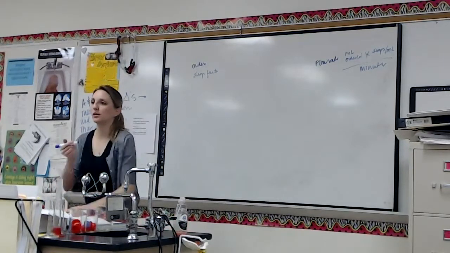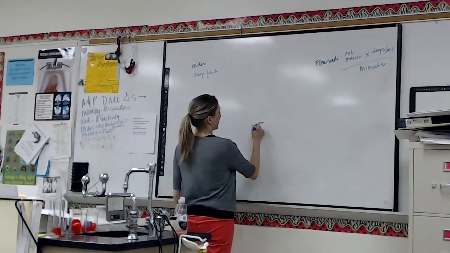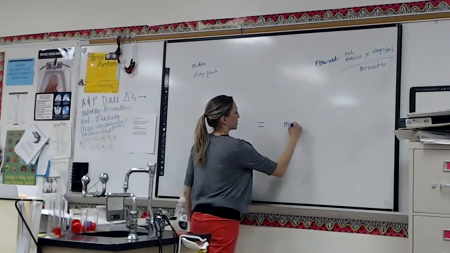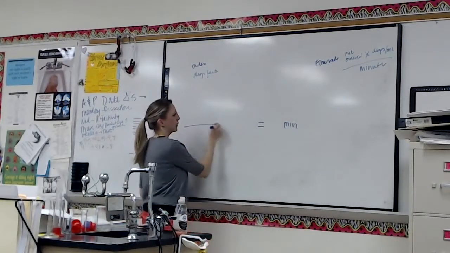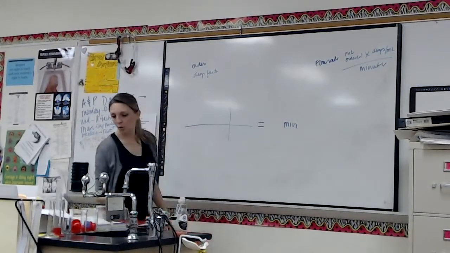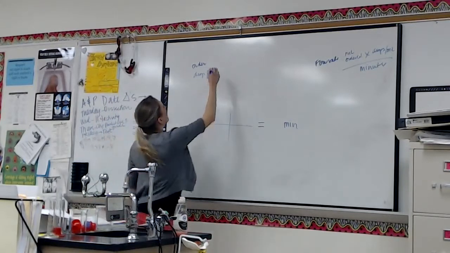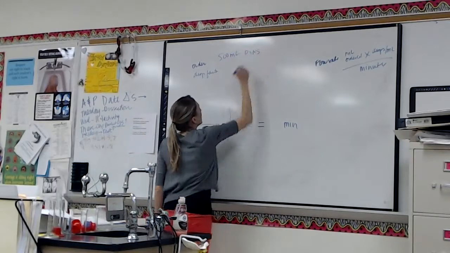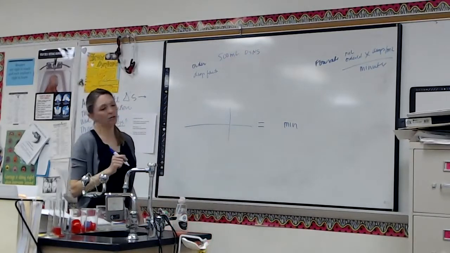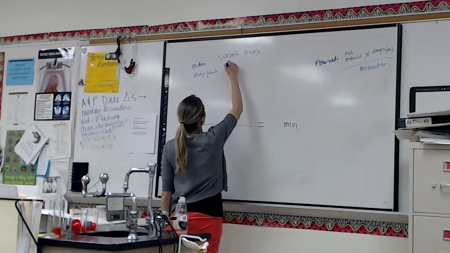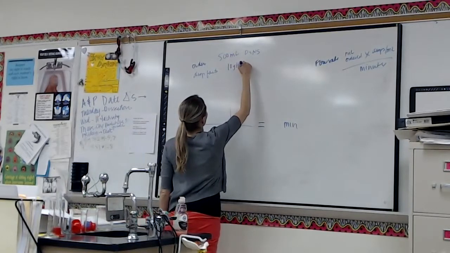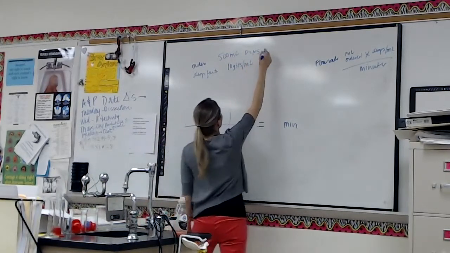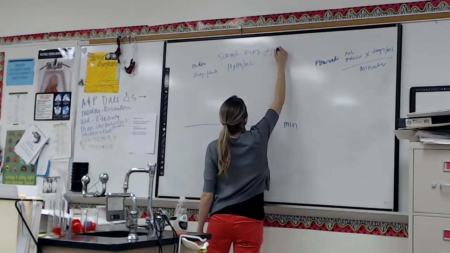Our answer is in minutes, so I want to make sure I end up with minutes on top in my equation. Our order is 500 milliliters of D5NS. The drop factor is 10 drops per milliliter, and it's 15 drops per minute.